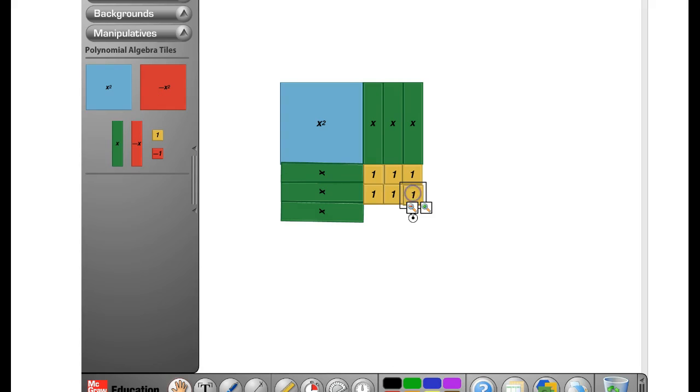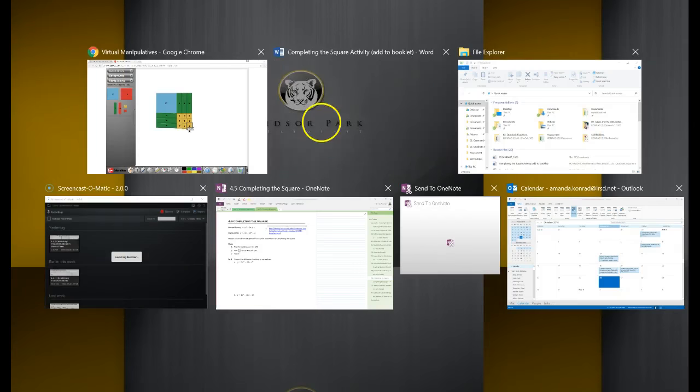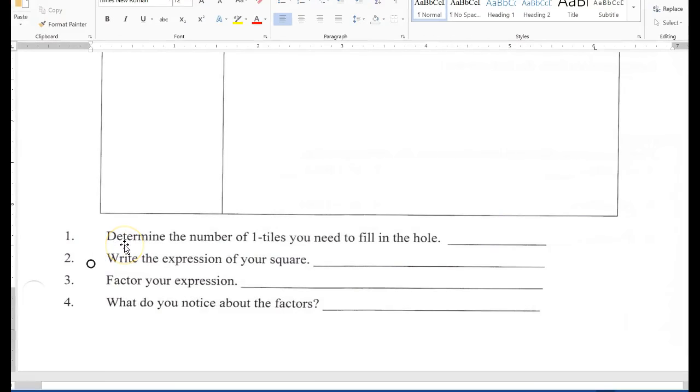Touchiness and inaccuracy, whereas if you were using the real algebra tiles, you'd be able to physically just abut 1 tile next to the other. So we've got all those, and how many ones tiles did it take to fill that hole? Well, it took 9. So when I go back to my activity, I'm going to be answering these questions.